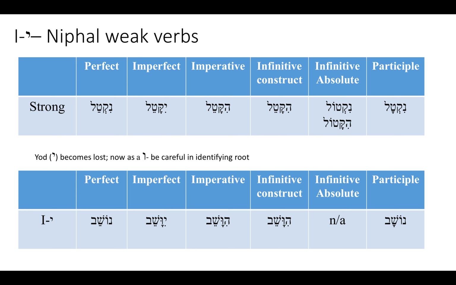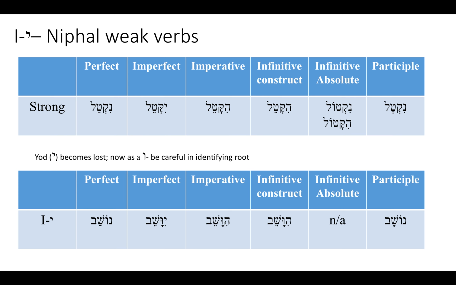And then with the participle, the same thing happens as we had with the perfect form. The yod disappears and is replaced by a vav. We still have the kametz stem vowel. We still have the nun prefix there, but we have a holem vav instead of the hirek under the nun, leading into the rest of the participle form. So not too many changes.